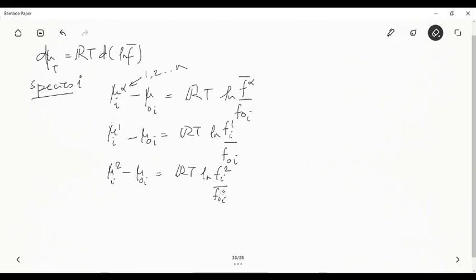So this can be written for all phases alpha equal to 1 to p.